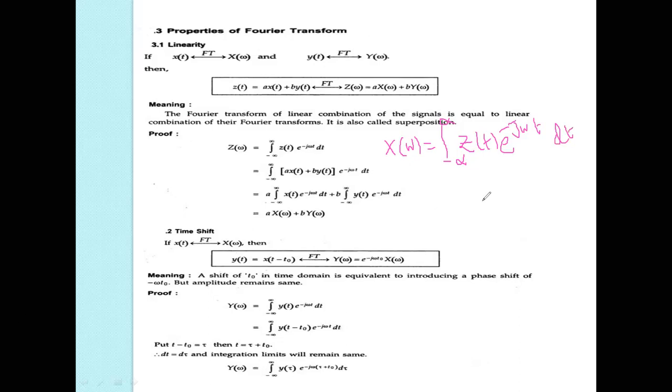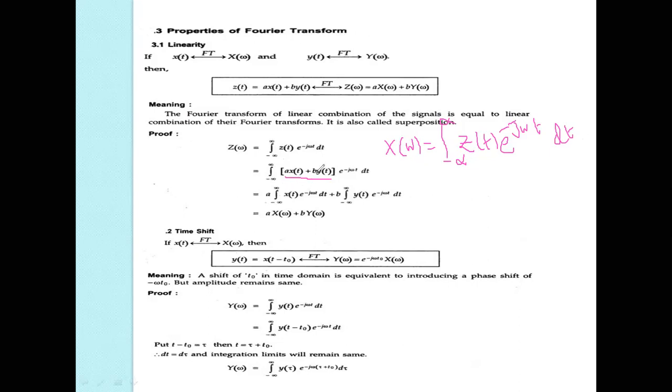Understood? So the integral from minus infinity to infinity. What is z of t given? A into x of t plus b into y of t, times e power minus j omega t dt.